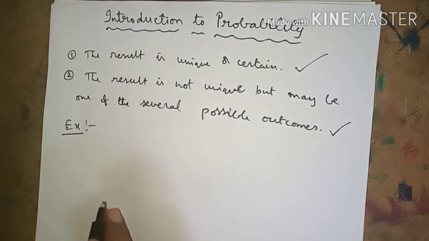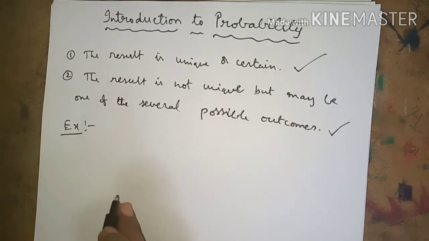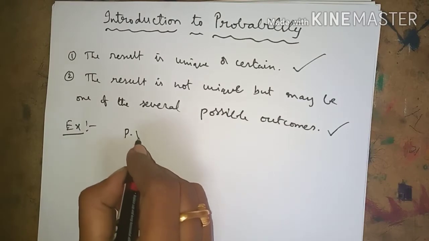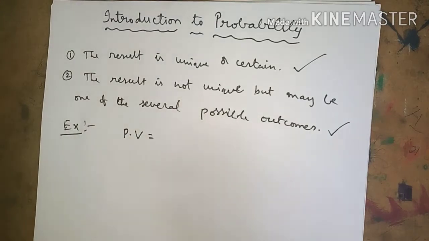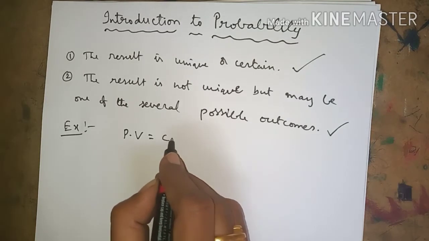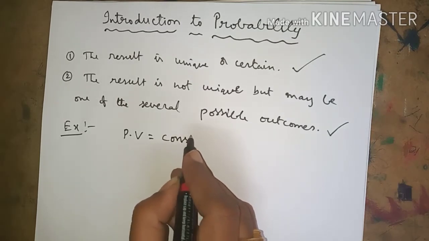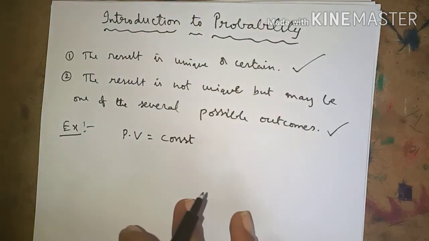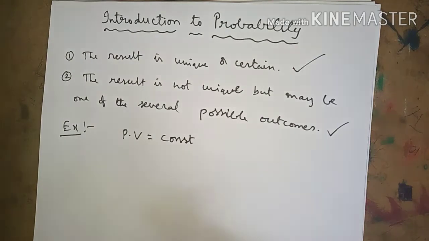If you do a physics experiment, pressure into volume, any time under essentially identical conditions, whenever you do the experiment, you will get the result as a constant, provided the temperature remains the same.